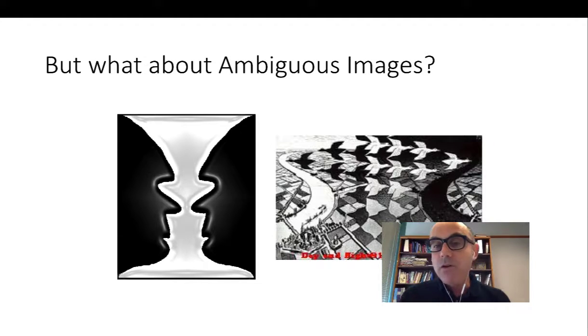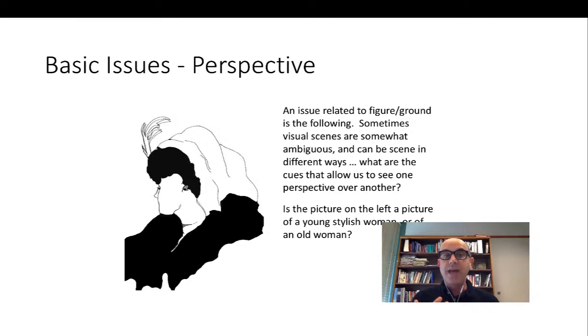What about ambiguous images? We can see a lot of examples of that in visuals. When we go to museums, there are a lot of ambiguous images. They are part of the things that we need to accept and see where they're taking us. So, the issue related to the figure and the ground is the following.